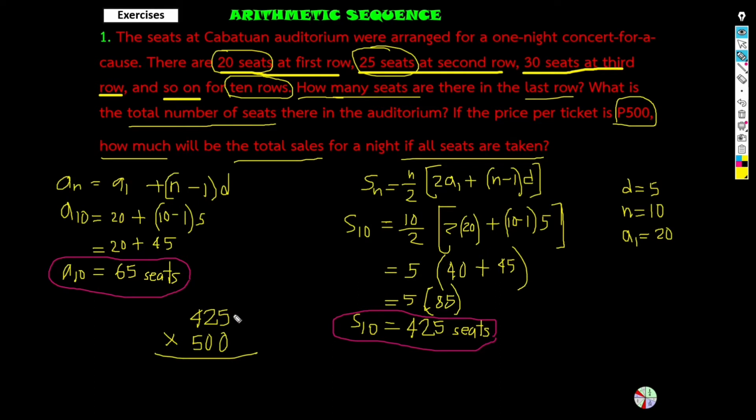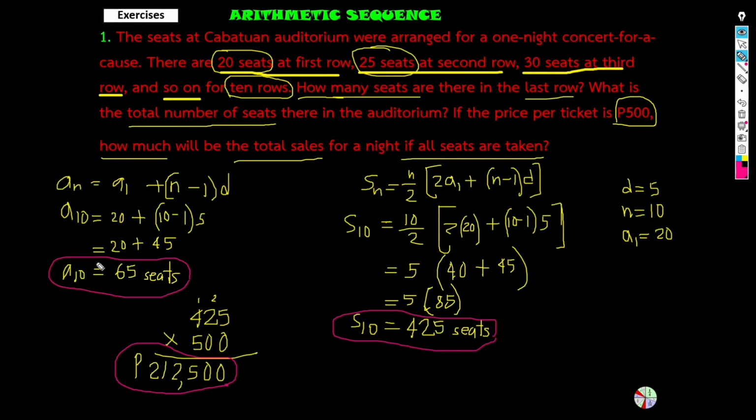We will have 0, 0, 5 times 5 is 25, carry 2, 5 times 2 is 10, plus 2, 12, carry 1, 5 times 4, 20, plus 1, 21. Okay, so the answer is 212,500 pesos, the total sales for a night if all seats are taken.